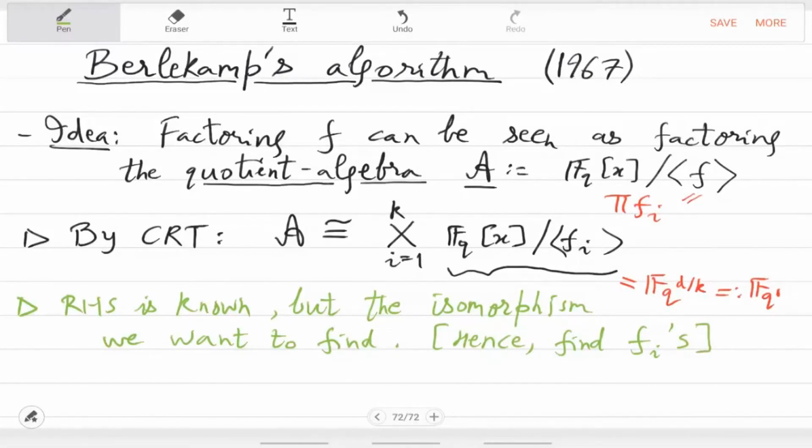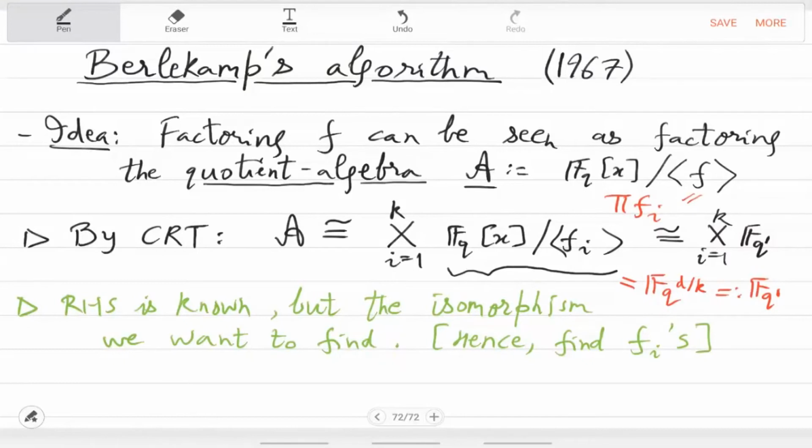In fact, let me clarify this a bit more. When I say structure, I mean this: the last thing, the direct product of k many F_q', is the only thing which is known. The previous isomorphisms are not known.